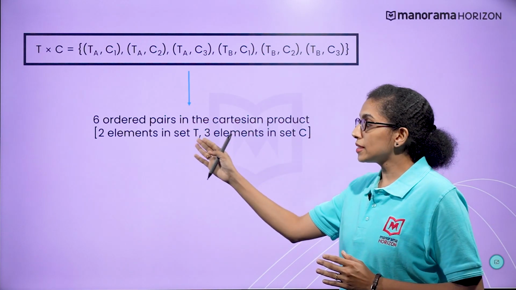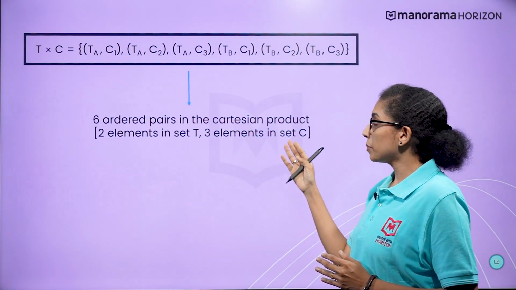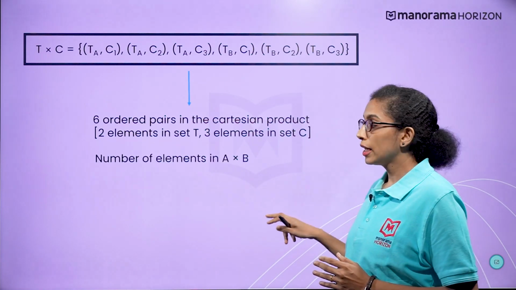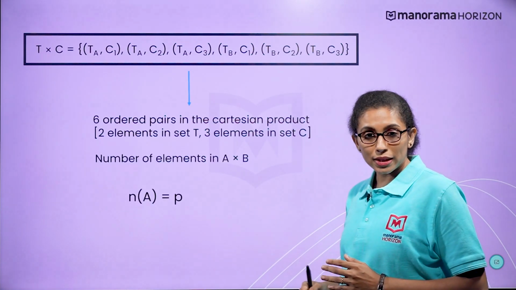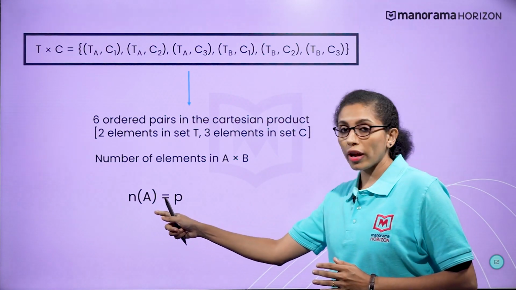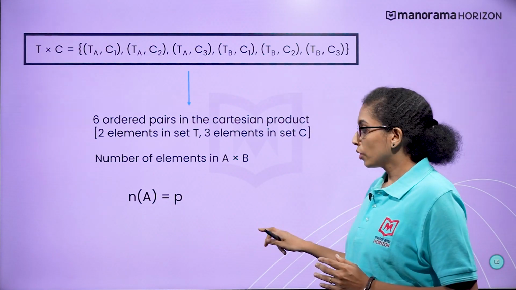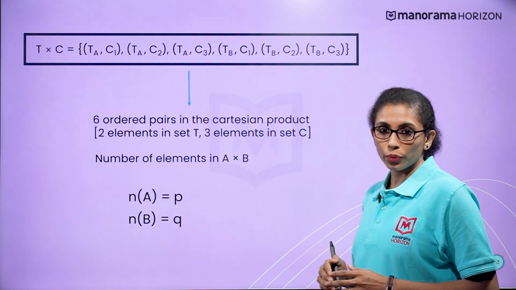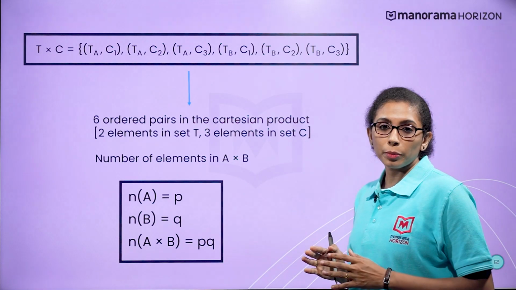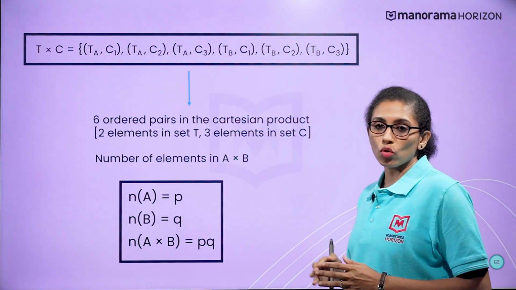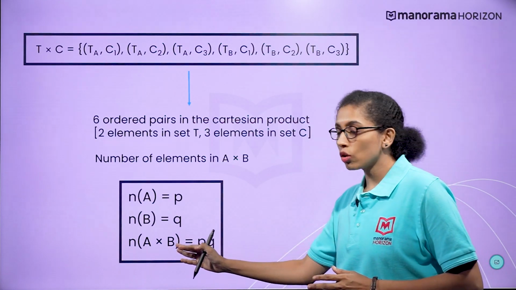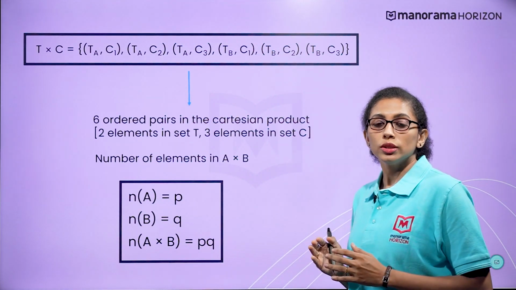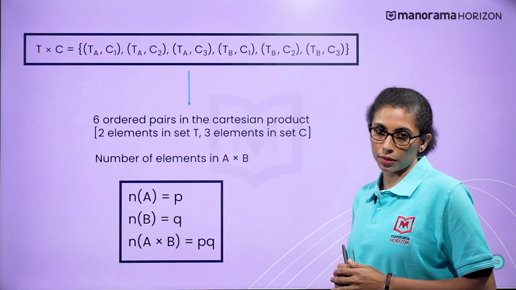How? 2 elements in set T and 3 elements in set C. In general, if there are P elements in A, we can write n(A) = P, and Q elements in B, so we can write n(B) = Q. Then there will be PQ elements in A cross B, that is n(A cross B) = PQ. This will help us to know the number of elements in A cross B. Right?